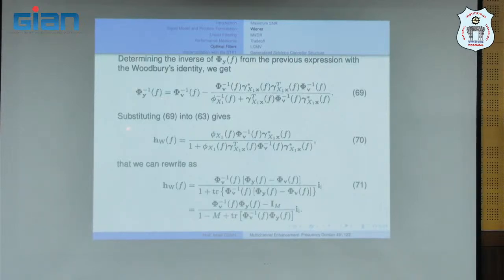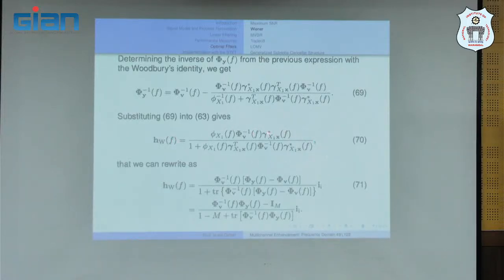Anyway, if we substitute it, instead of phi y minus 1, we put it in the expression, we get a new expression, like this. And we can also rewrite this expression like this and like this. So you see we have different expressions for the Wiener filter, even though it's a vector of length m.